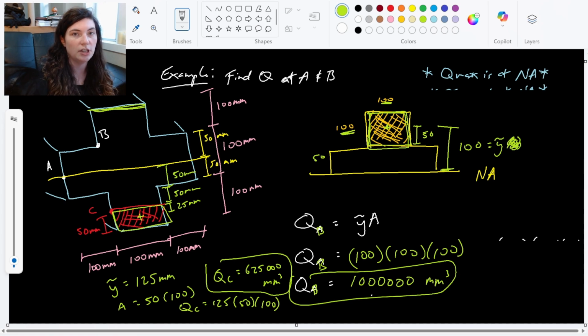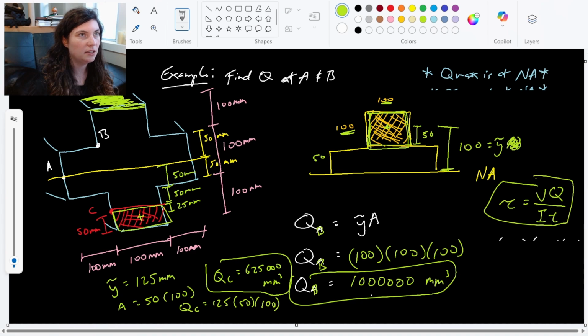So your shear stress is also 0 on these very top edges, on this top outer surface. So we're going to use this Q value every time we're calculating this exact shear stress. So let's go ahead and take a look at some examples of how we use that.